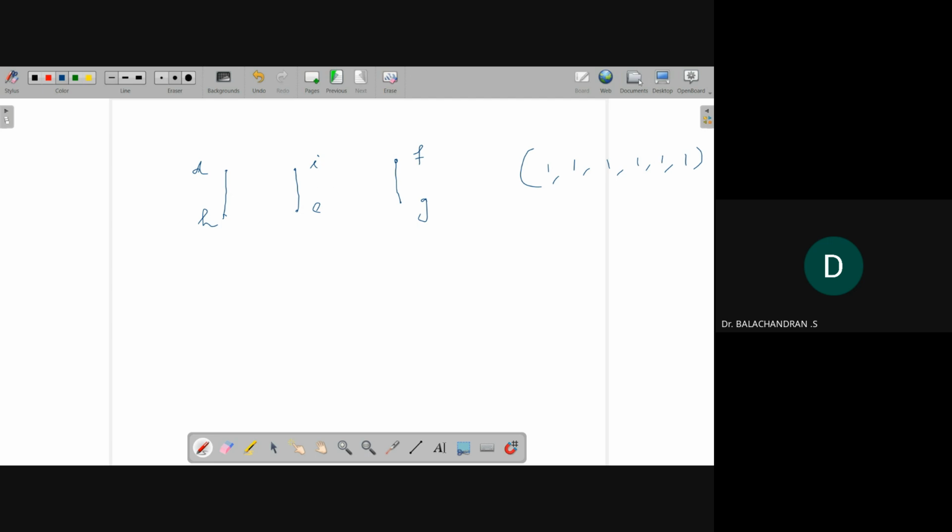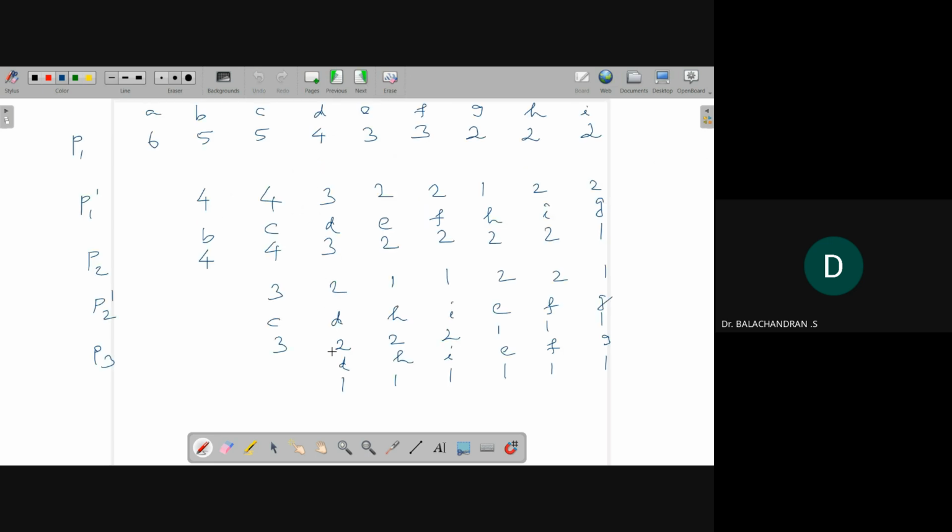Now next, I'll take this one in red. First I took this degree sequence. Next I am going to take P3, which means this degree sequence. Here a new vertex C is added.